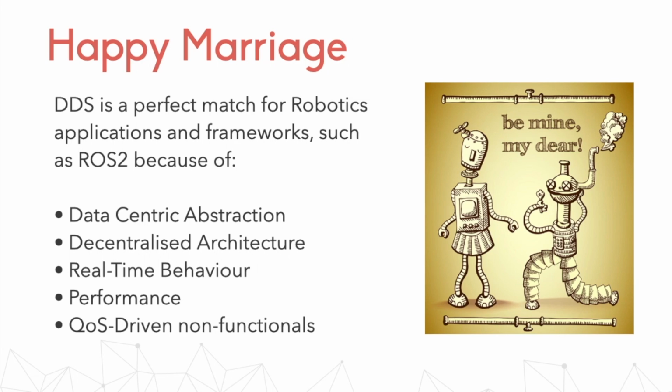DDS allows you to control real-time behavior. You can set deadlines, you can detect performance failure, you can have replicated sources that are automatically switched over thanks to liveliness. And more importantly, many of these non-functional properties can be programmatically expressed by means of QoS.